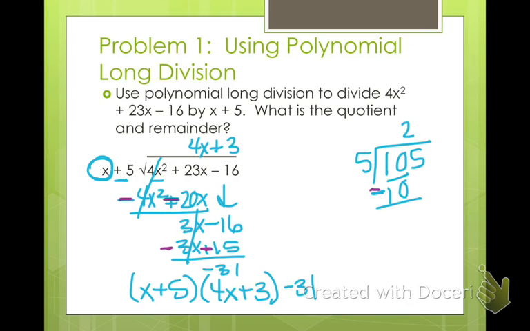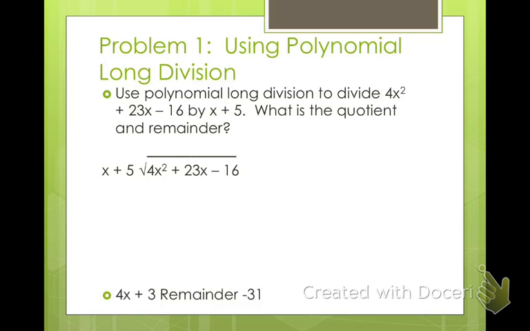It's so fantastic, isn't it? So is x plus 5 a factor of 4x squared plus 23x minus 16? Well, if we didn't have a remainder, it would be a solution, but we have a remainder, so is it a solution? No, it is not a solution. It's not a real number anyway.